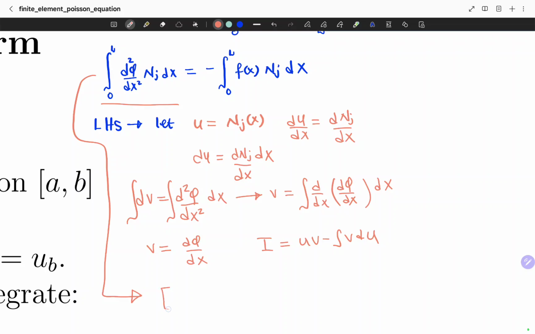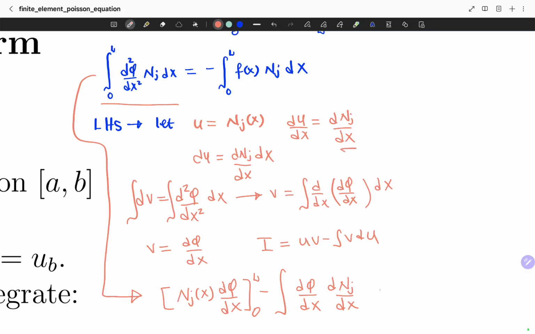So you have here uv, which is u, nj of x, times v, del psi by del x, evaluated from 0 to L, minus integral of v du. This is v, del psi by del x, and du is what? Del nj by del x from here.